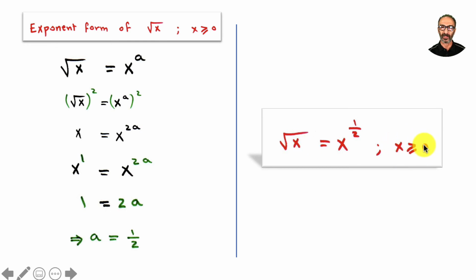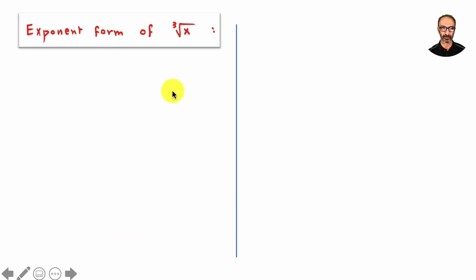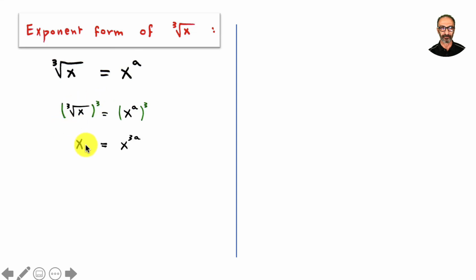Restricted domain. Let's go with the exponent form of the cubic root. Same style, same idea. We're going to assume that the cubic root of x is x to the power a, and we're going to try to find a. Same idea, so I'm going to cube both sides this time, raise it to the power 3 to cancel the cubic root on the left.